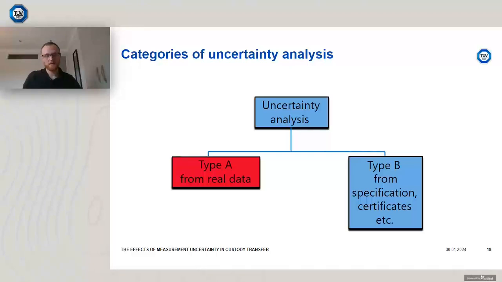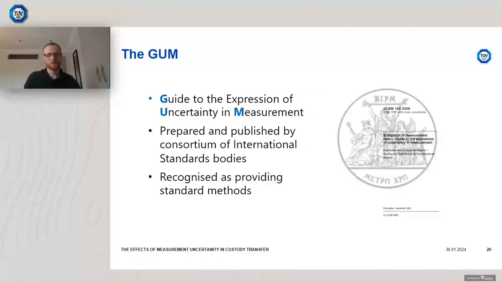So if we look at type A analysis initially, a lot of the information here and in this webinar, particularly for type A uncertainty, comes from what's called the GUM. That's the Guide to the Expression of Uncertainty in Measurement, and it's almost the standard for how you analyse uncertainty, how you derive uncertainty values and construct budgets and treat uncertainty. I would advise, if you're interested to learn about uncertainty in more detail, to read through the GUM because it's quite a detailed document in terms of uncertainty analysis.